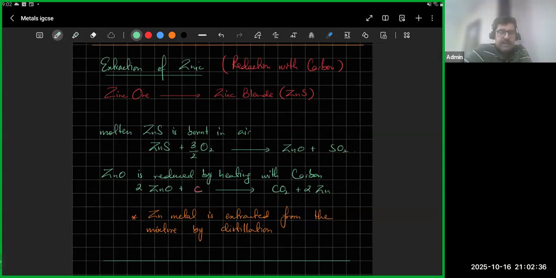You had a zinc ore, which was called ZnS, known as zinc blende. You burn it, ZnS was burnt, and it would form zinc oxide and sulfur dioxide. And then you reacted it with carbon, and carbon was more reactive than zinc, so it would steal the oxygens and reduce the zinc. Okay, and the zinc metal was extracted by fractional distillation.